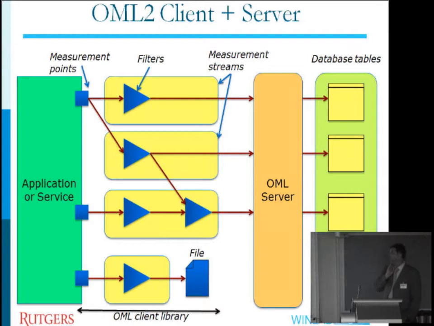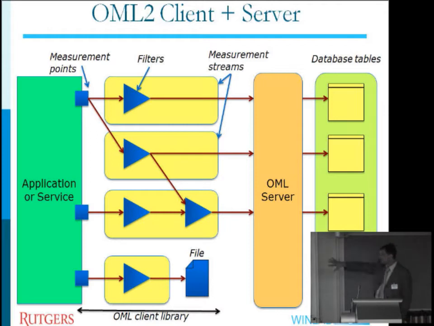And this is a fairly busy picture that tries to explain all the features. The main idea is that we have measurement points all the way on the left that are part of the application. They're supported by the client libraries. In other words, people instrument their own application the way they think they need to. By the way, as far as what the actual measurements are, OML is completely transparent to that, in the sense that it doesn't really care what you're collecting as long as you know how to do it.